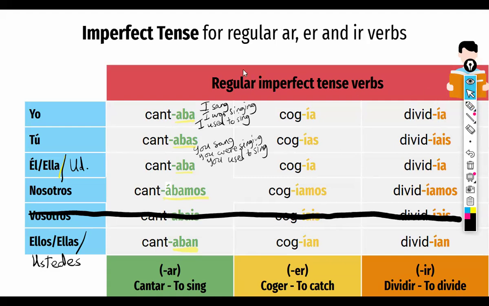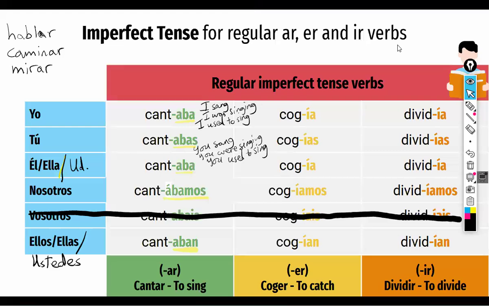I'm ready to move on. All right, so we're looking now at coger and dividir. And as some of you know, because you've done this before, the endings are the same for ER and IR verbs, right? So we take off the ER from the stem. For coger, we take off the ER.